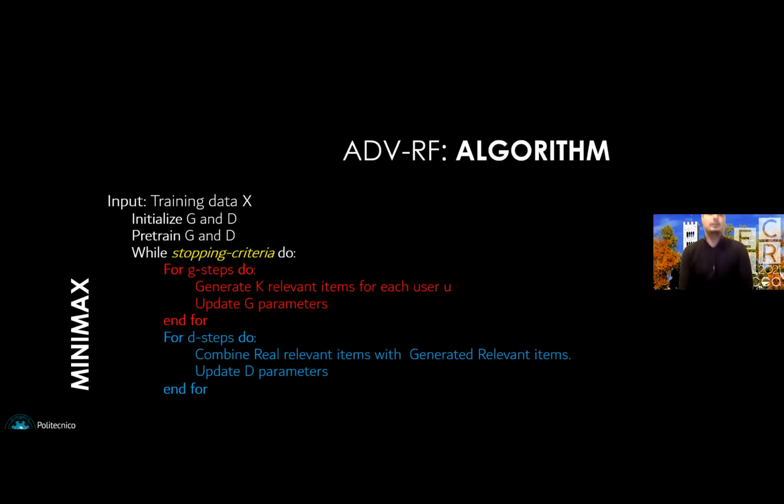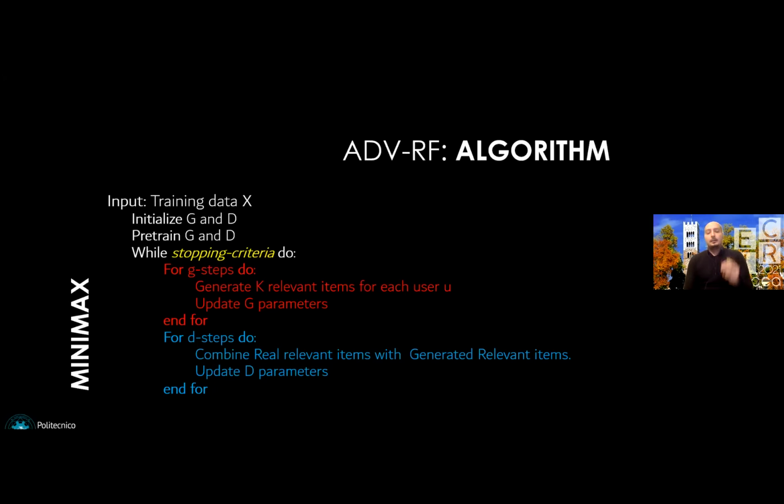Now we can try to draft a training algorithm for GANs in a recommendation scenario. What we usually do is to initialize the generator and discriminator, and in case we can pre-train them. Then we start with an iterative procedure in which we ask the generator to generate a certain number, let's say K, of items that could be relevant for a user. Then we combine these generated samples with the real ones, and we ask the discriminator to distinguish them.